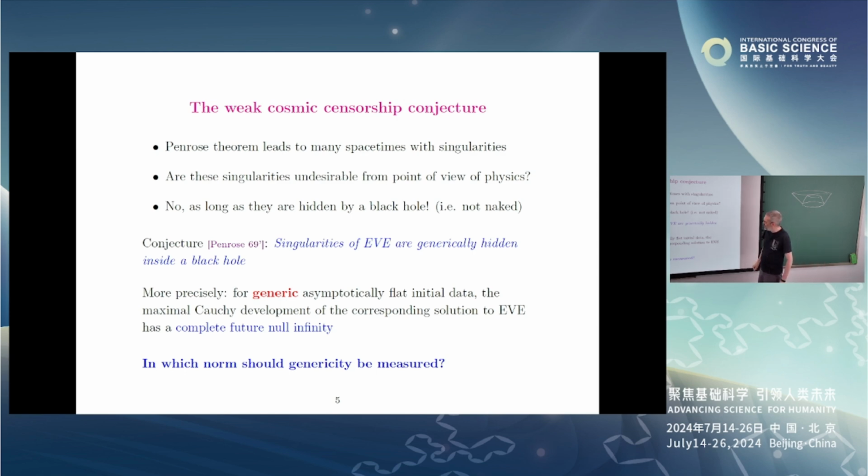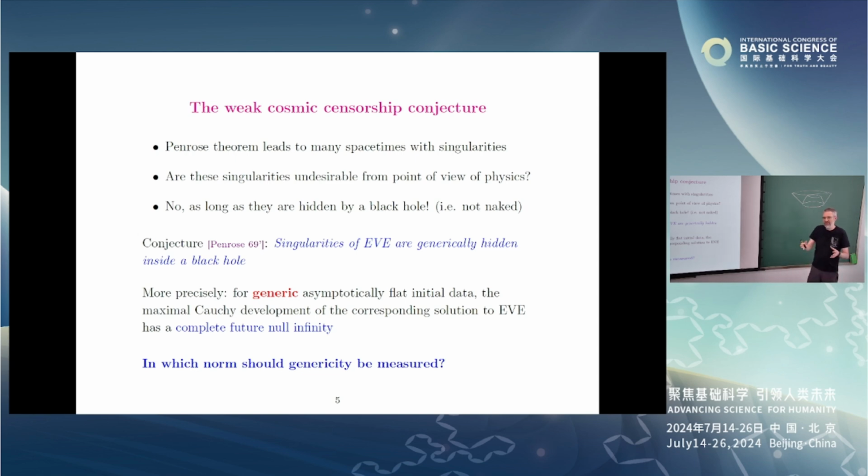For generic asymptotically flat initial data, you expect, according to this conjecture, that the maximal Cauchy development of the corresponding solutions to the Einstein vacuum equations has a complete null infinity. I have highlighted the word generic, because that's the one I want to focus on. Genericity raises the question: in which norm should you measure genericity?